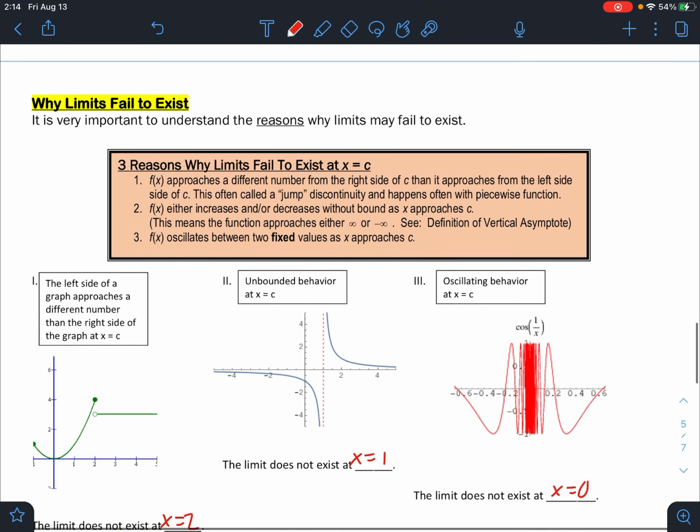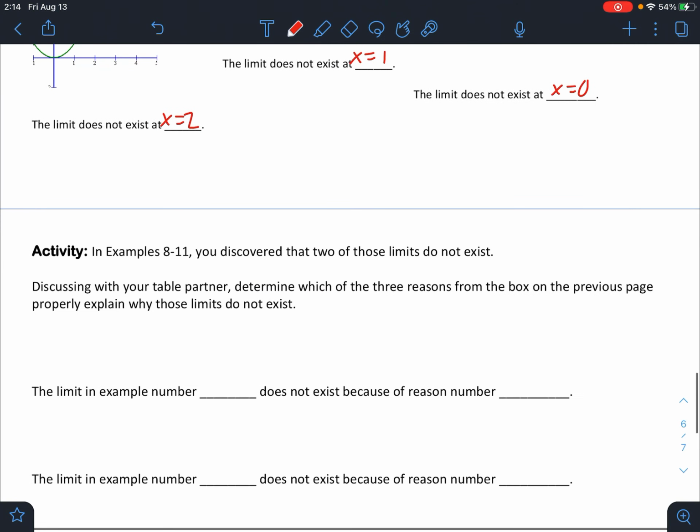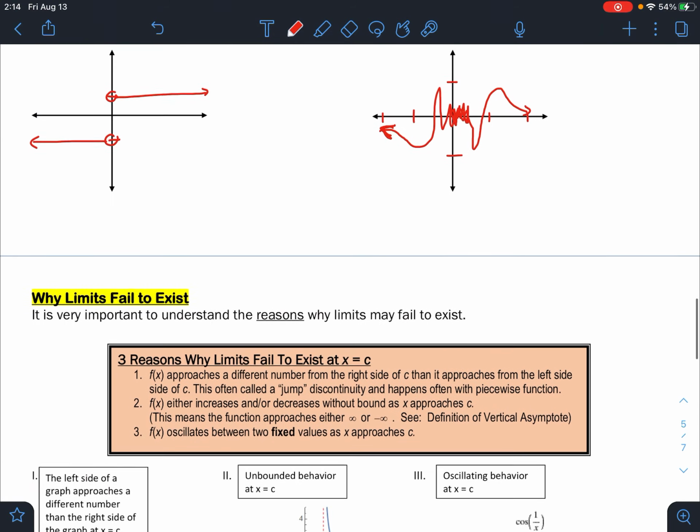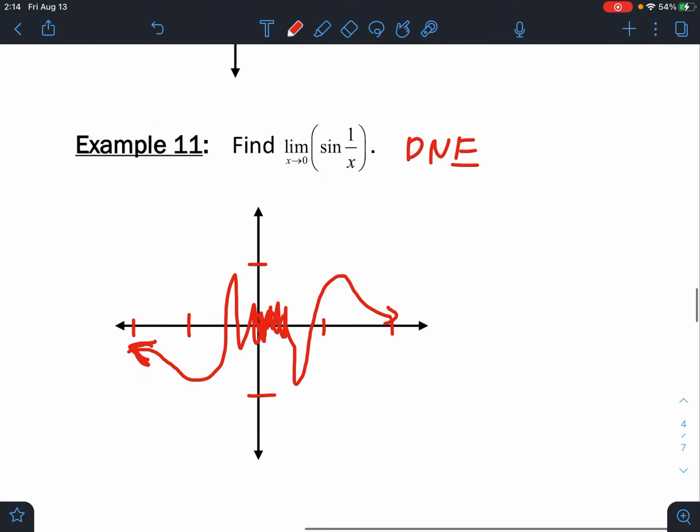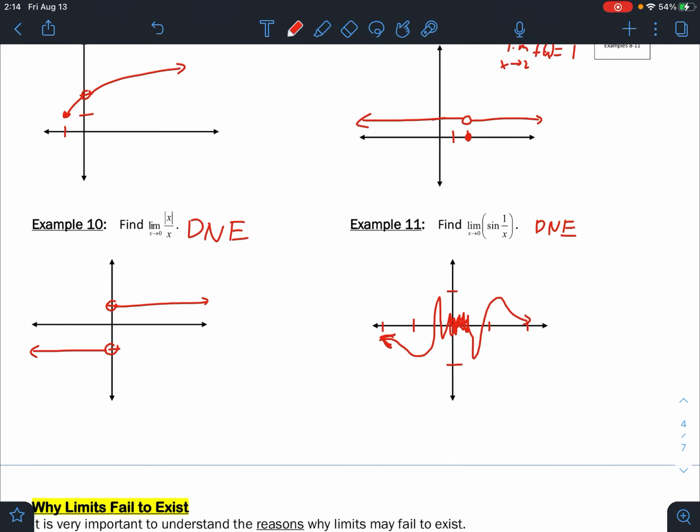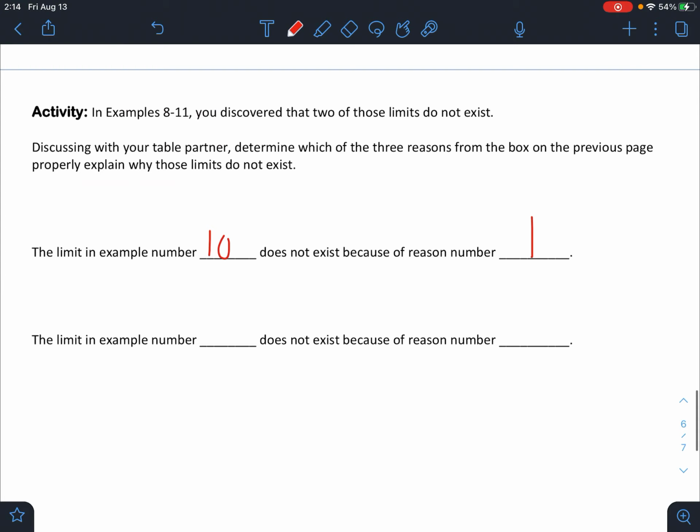So we would say example 10 does not exist due to reason number 1. The other one, number 11, does not exist, as you can see here. And that one is due to oscillating behavior. So we would say example 11 does not exist because of reason 3. My apologies.